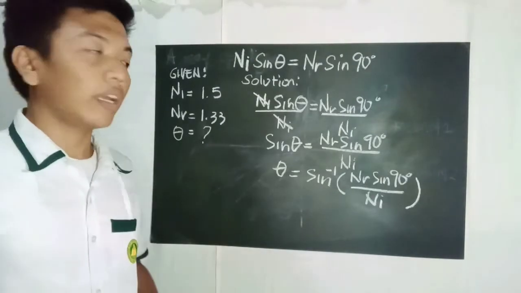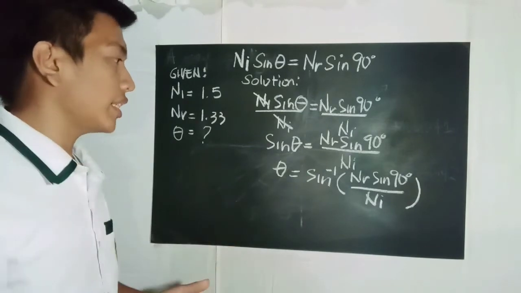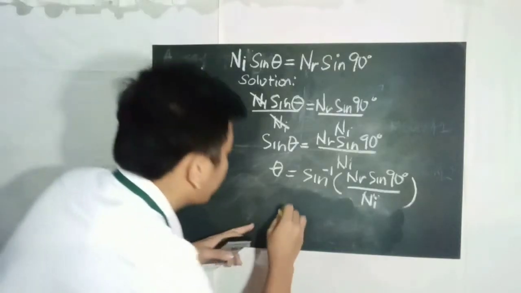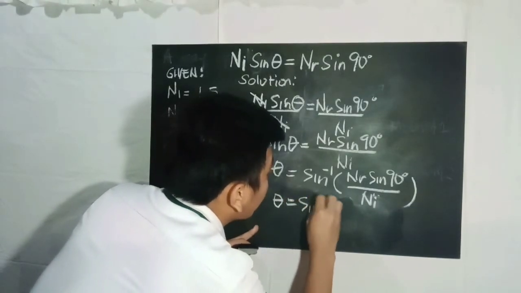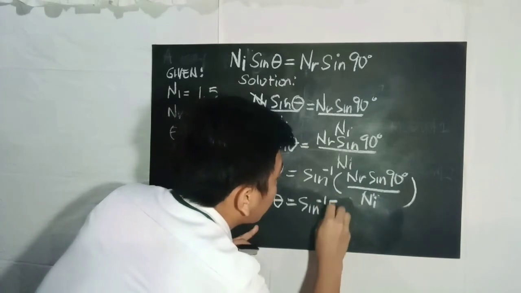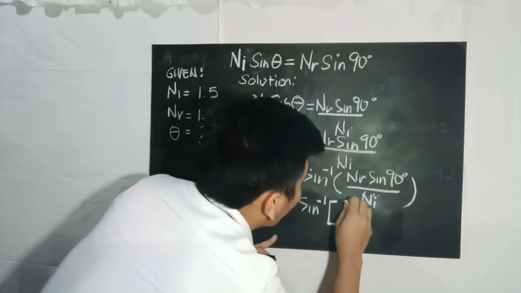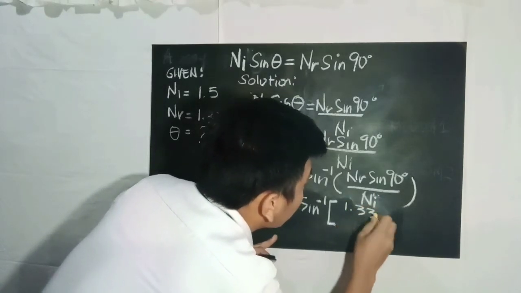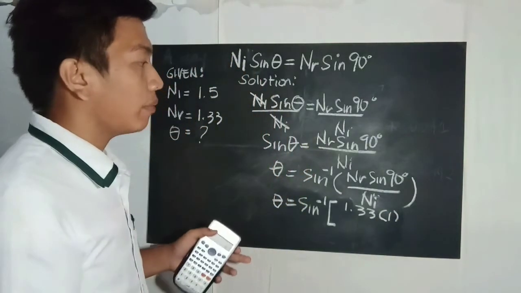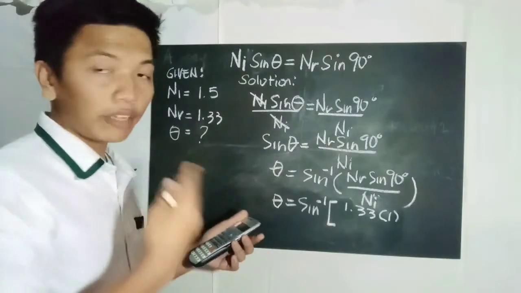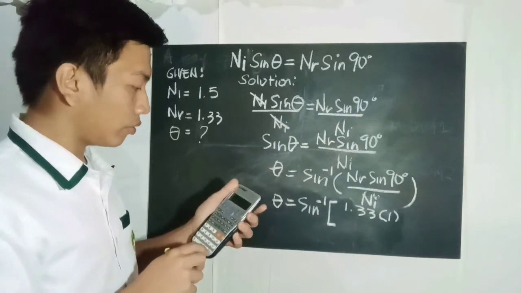In finding the critical angle, we now substitute the values of the index of refraction and the index of incidence. So theta is equal to sine raised to negative 1 times the index of refraction, 1.33, times 1, because 1 is the value of sine 90 degrees. Even when you click it on your calculator, sine 90 is equal to 1.